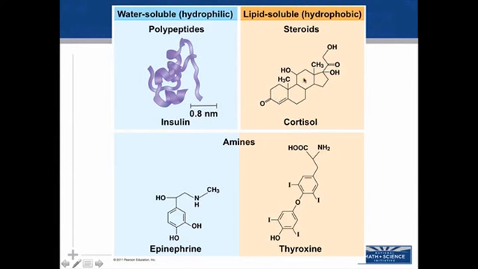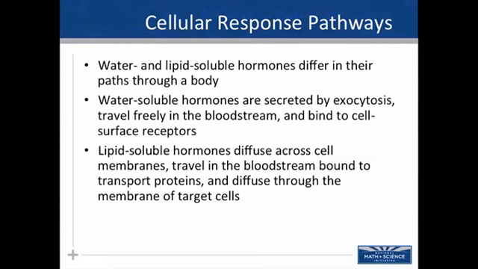And you can see that little cholesterol ring that's in the center or the core of the steroid hormone. It's a real typical example of how a steroid hormone is built. That particular one is cortisol, but you would see the same structure in testosterone or estrogen or any of the lipid-soluble hormones. So in a cellular response pathway, those hormones are going to respond differently.